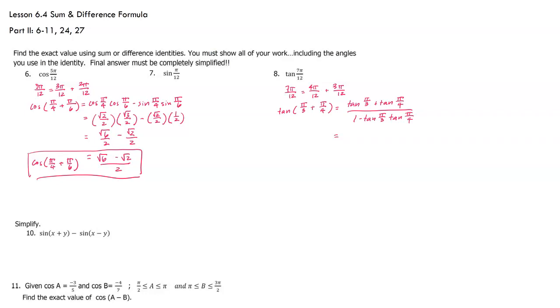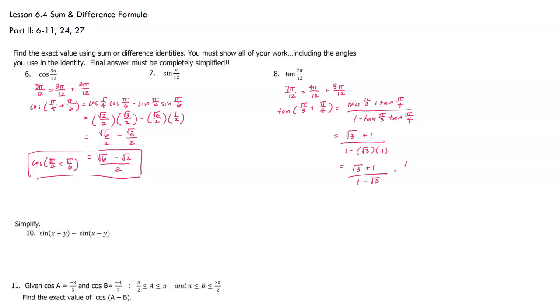So that is going to give you tangent of square root of 3 plus 1 over 1 minus the square root of 3 times square root of 1. So that is going to be square root of 3 plus 1 over 1 minus the square root of 3.